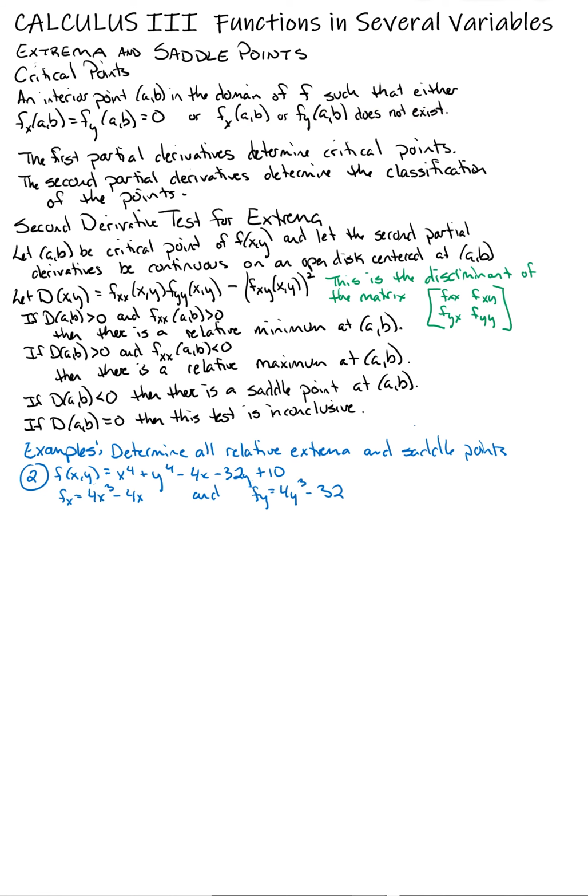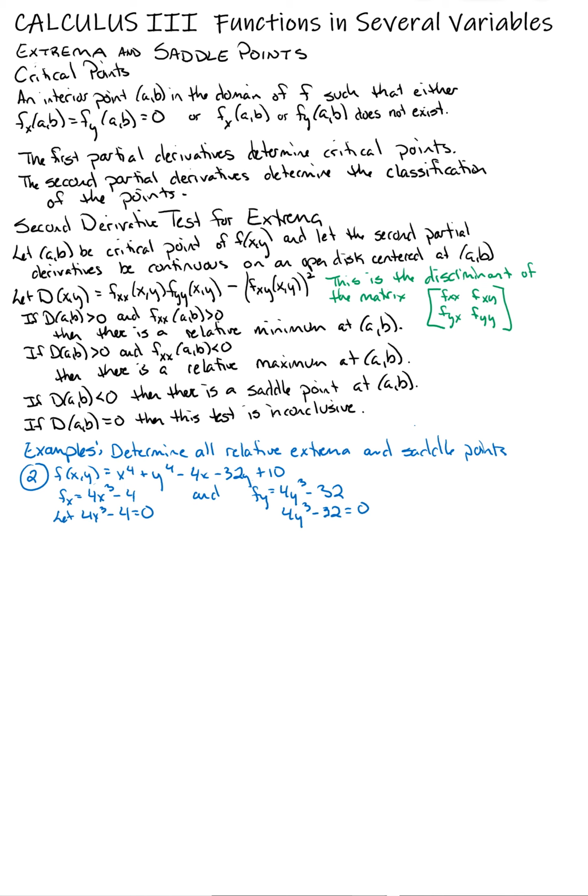But I do need to see what happens when they're equal to 0. So we will start by letting 4x cubed minus, oh, that shouldn't be an x on there. That's just a 4. It's a derivative. All right, 4x cubed minus 4 is equal to 0, and 4y cubed minus 32 is also equal to 0.